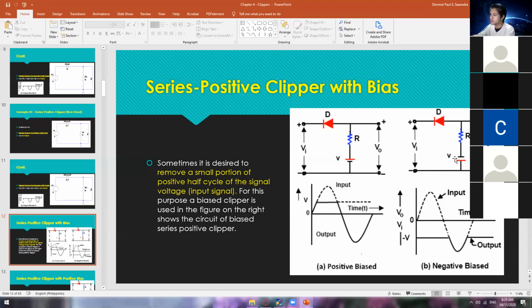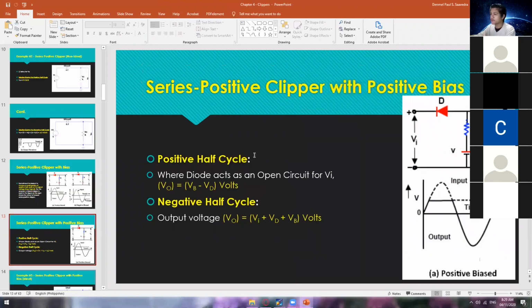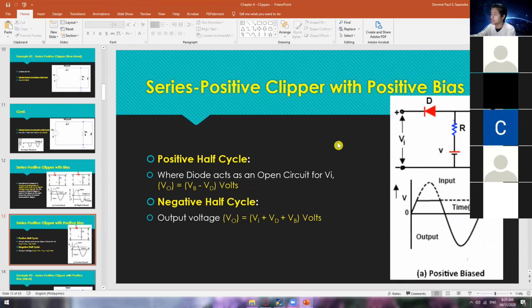Those are the only things you need to know when it comes to series positive clipper with bias. Depending on the polarity of your bias voltage, it could be positive bias or negative bias. Without further delay, let's go to the characteristics of this series positive clipper with positive bias.